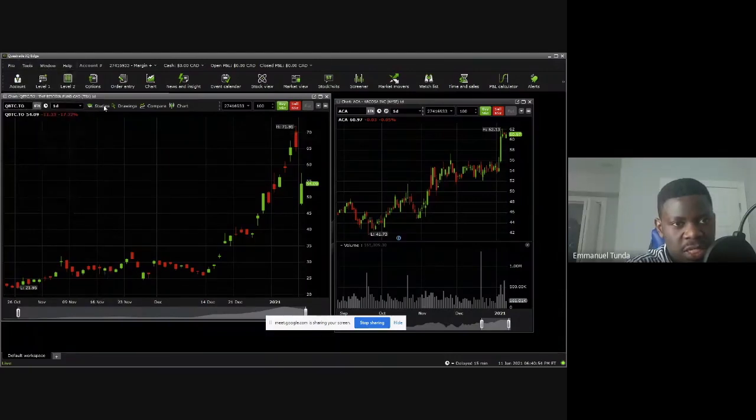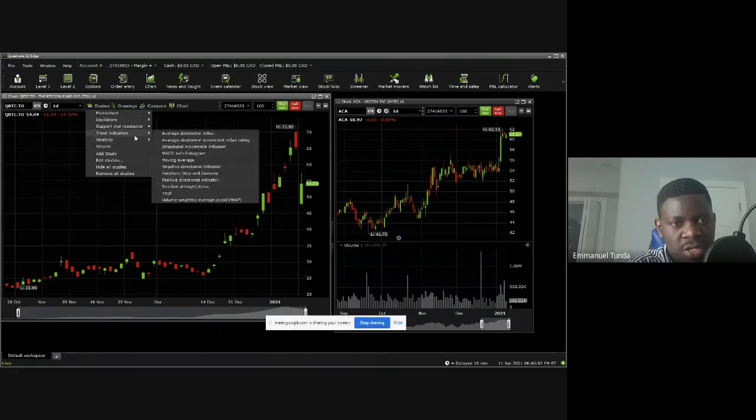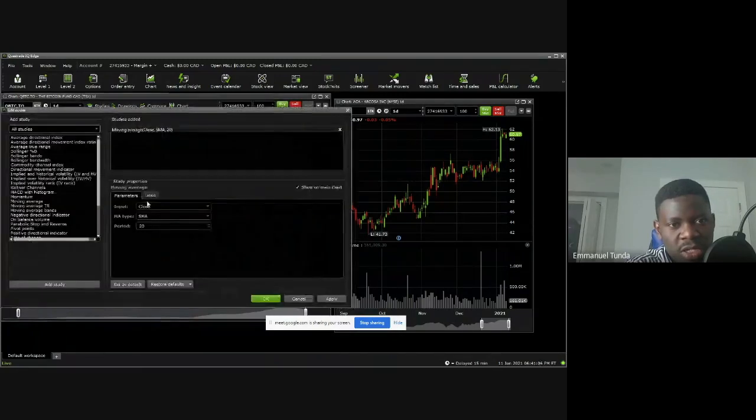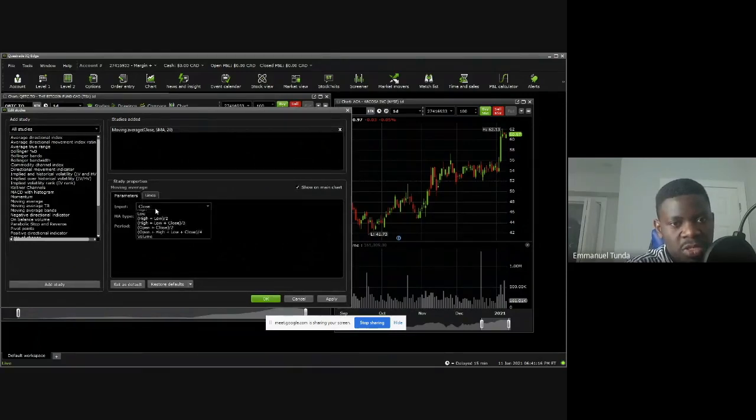You go on studies, and then trending indicators. And then you're going to see moving average. And here it is, the moving average. You double click on it. You're going to be able to set up your settings. So you see the period here is the same thing as the length. So you want to put 20. And then you want to put the close, which is the closing price.